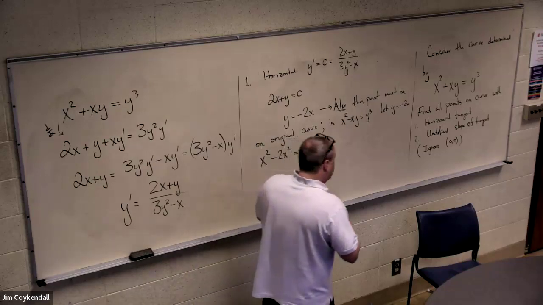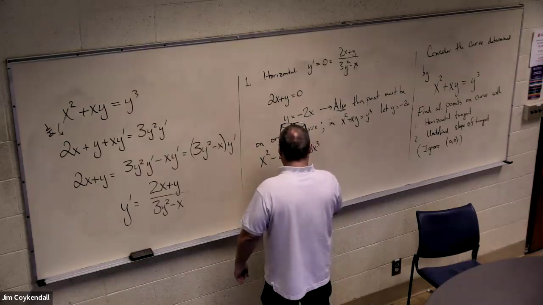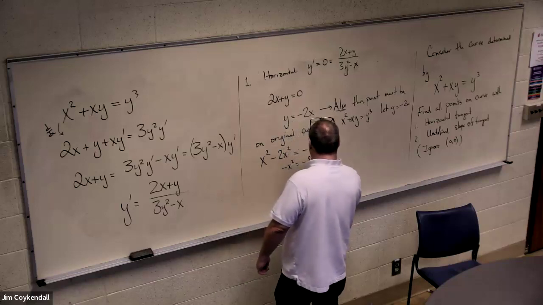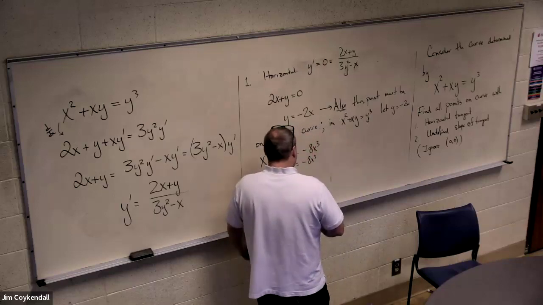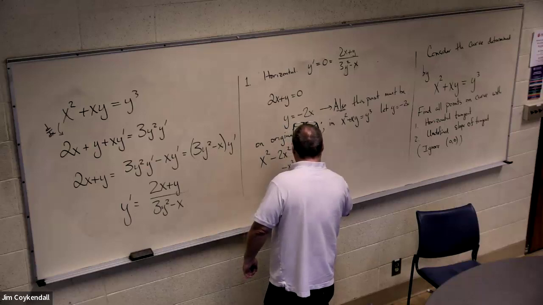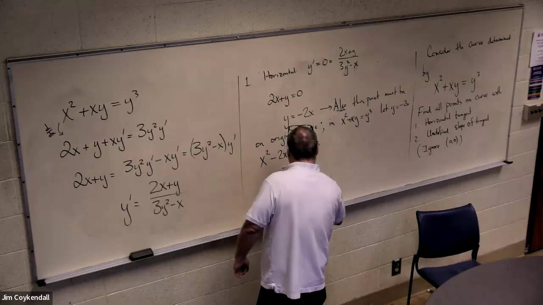This equation may look intimidating, because what we get is minus x squared equals minus 8x cubed. So I can rewrite this as 8x cubed minus x squared equals 0, which factors as x squared times (8x minus 1).